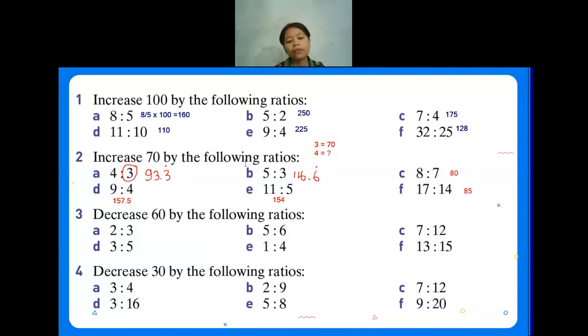But to make it easier, the ratio you can just directly write as 4 per 3, because 4 to 3 we can write as 4 per 3. And then we need to multiply it with the given value, which is 70. So 4 per 3 times 70 equals how many? This is the same thing as 3 is equal to 70, 4 will be equal to how many? It's also the same thing.